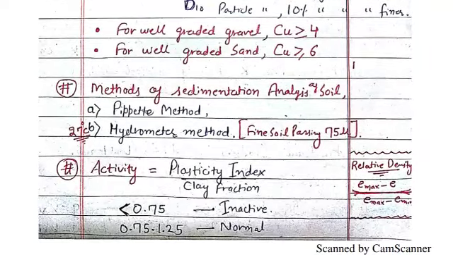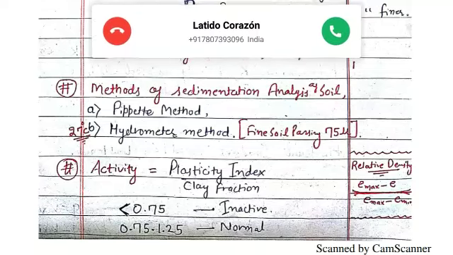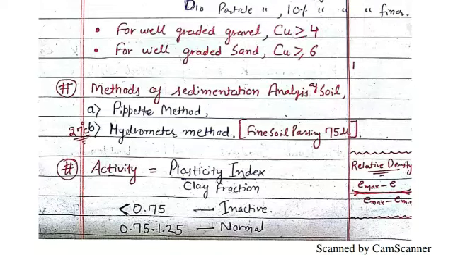Next one is activity of soil. Activity of soil is equal to plasticity index upon clay fraction. For activity less than 0.75, soil is inactive, and for 0.75 to 1.25 activity is normal.